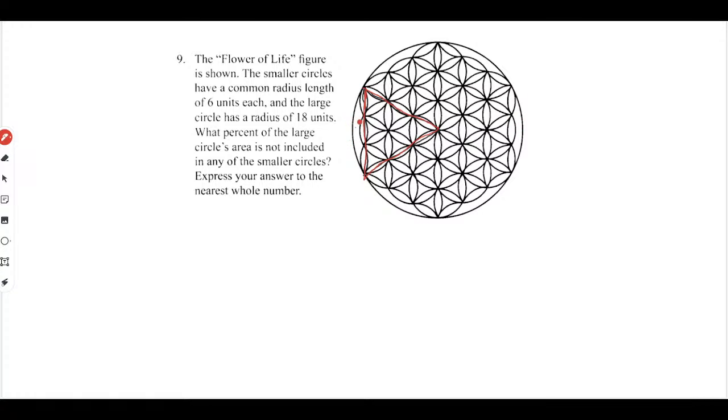Okay, so if we just look at this part of the circle, this is 1/6 of the circle, right? Does that make sense?